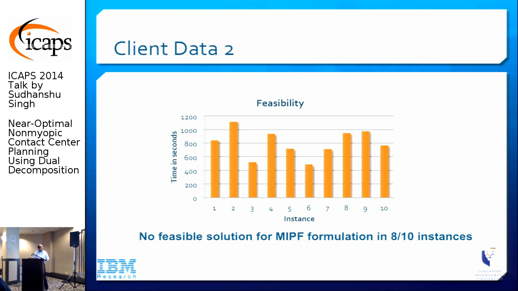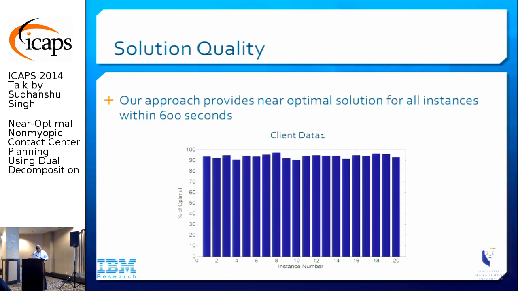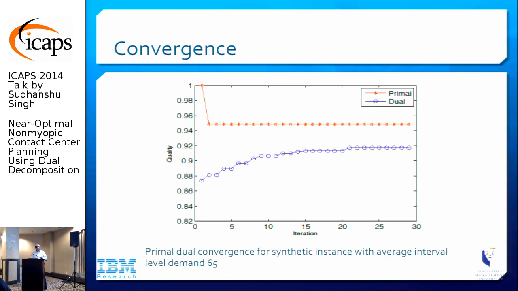Then another thing that we were interested in was seeing how fast our approach converges. Like I said, we did a dual decomposition here, and we used the standard projected subgradient technique to solve our problem. We were tracking how fast our primal and dual solutions converge.